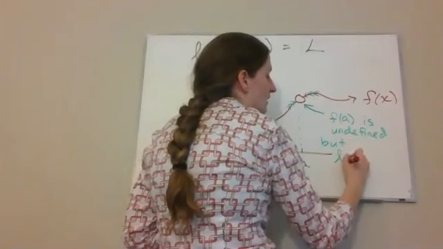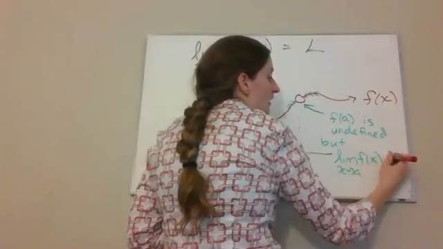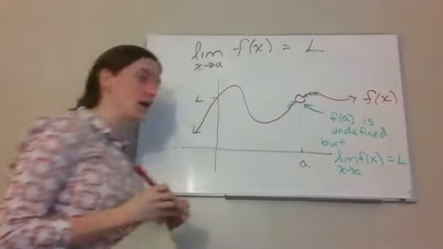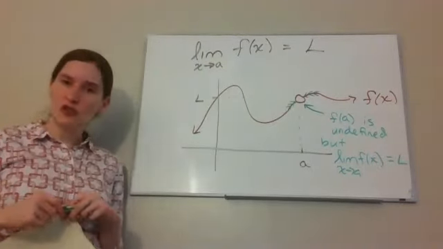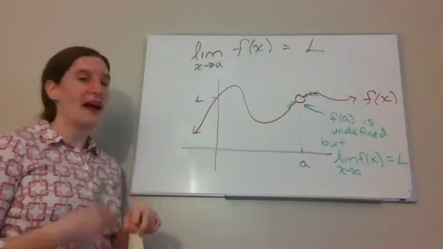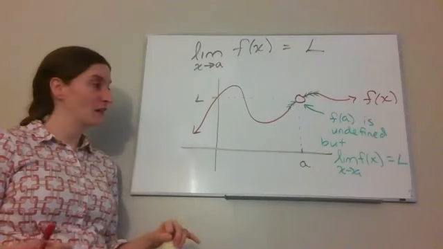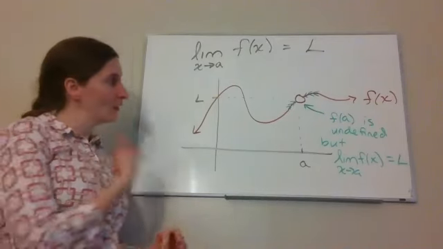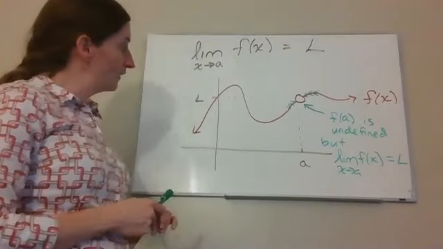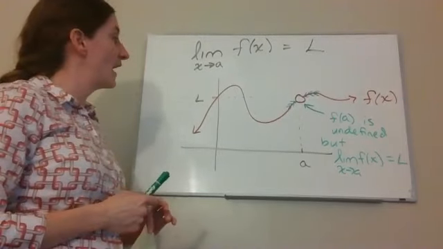But the limit as we approach A is still equal to L. It looks like the function should be getting close to L as we get closer to plugging A in, but if we actually plug A in, that value f of A doesn't exist. That's okay. So this is another example of when you can have a limit equaling L. It doesn't have to actually have the function defined at that value.